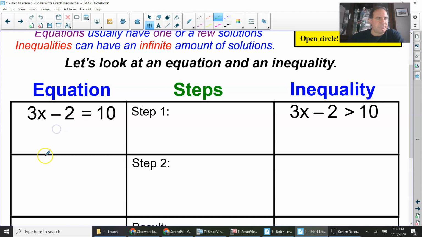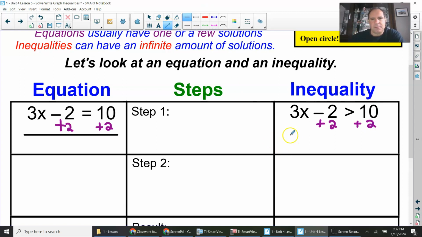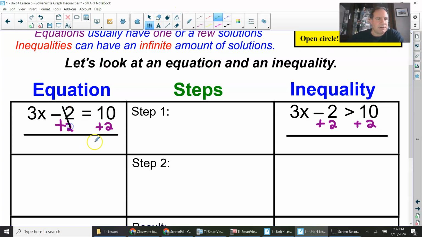If I get that ready and you add 2 to both sides, you would do the same thing on the inequality side, taking the same steps.